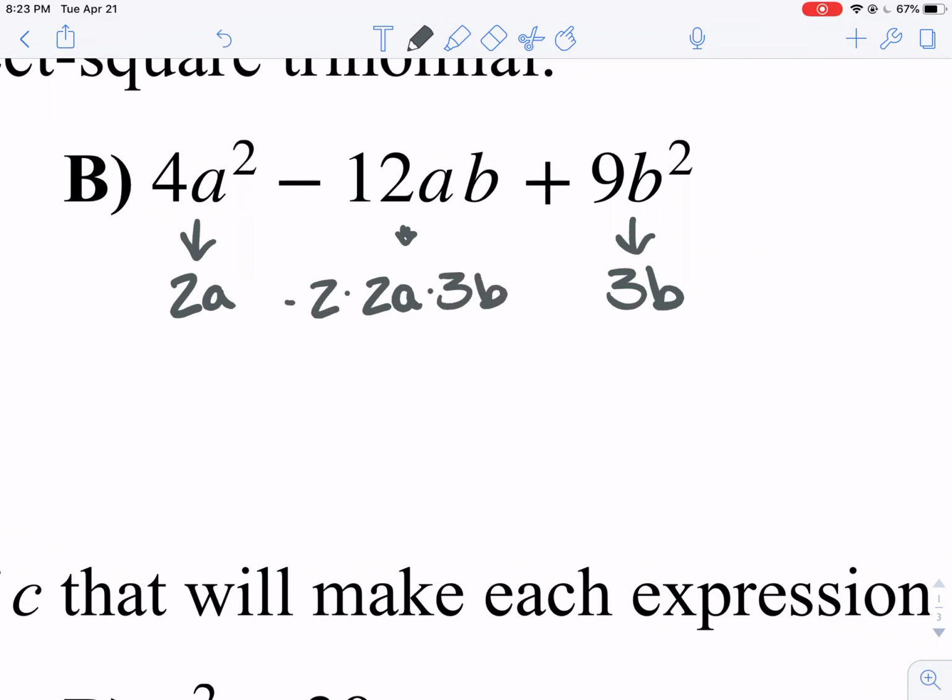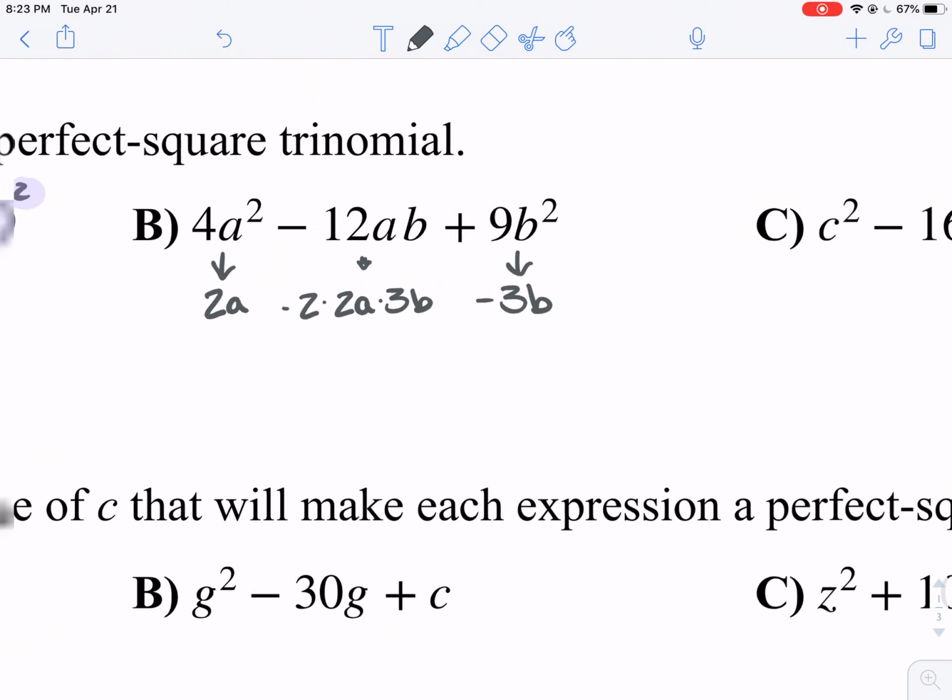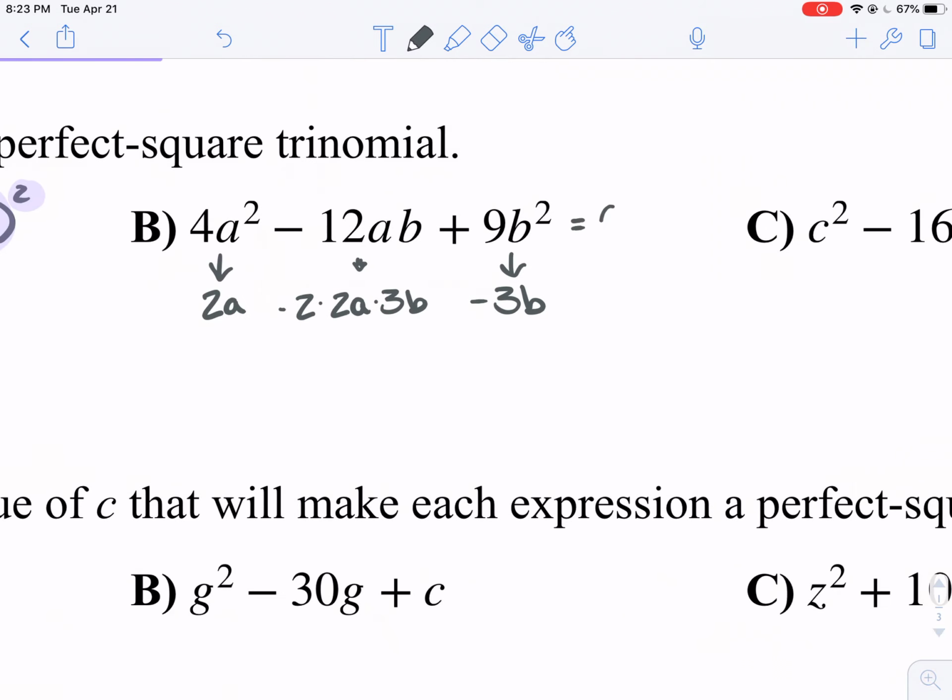Almost, it's got a negative, so this 3b needs to be negative. So that means this is equal to 2a minus 3b squared. Again, we've got something squared and something squared with 2 times them in the middle.